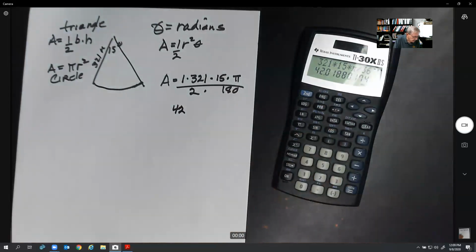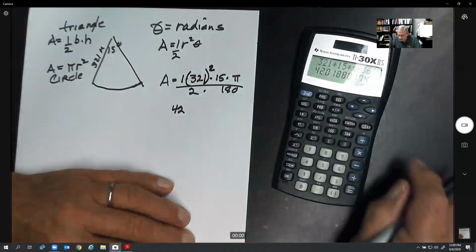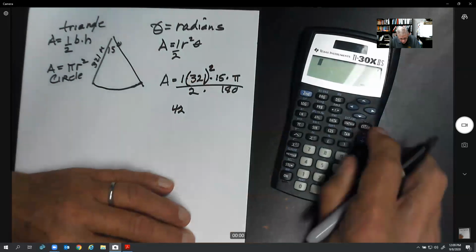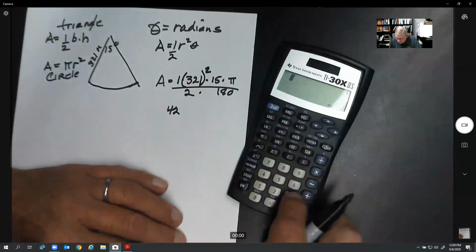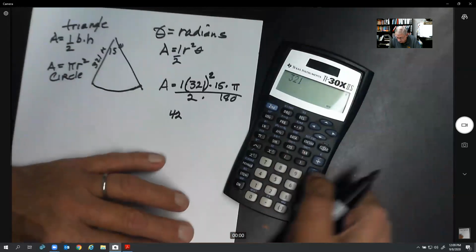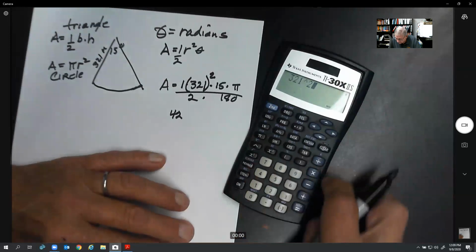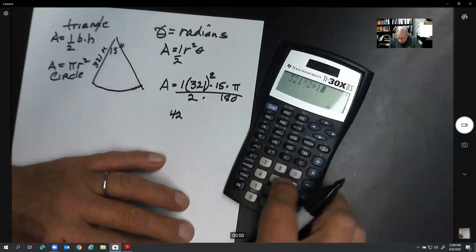And we didn't get the right answer. What happened here? Oh, it's r squared. Let's put the square in and recalculate it. That seemed awfully small. Okay, 321 times 321, or raised to the second, times 15. Let's see if it makes more sense now.